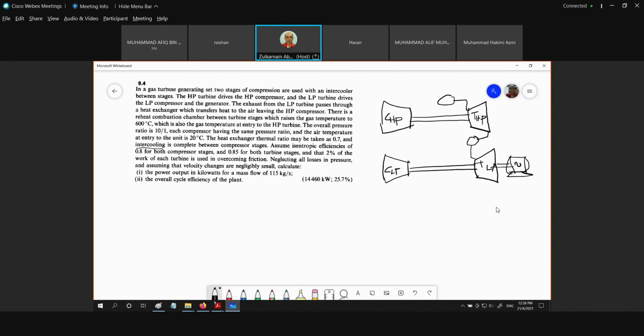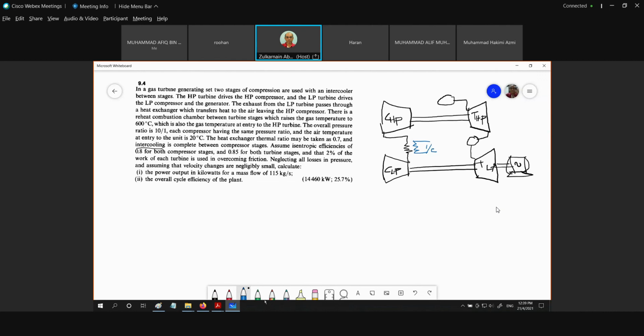Okay, it's complete, meaning that the entry temperature for each compressor is the same. So we need to put a heat exchanger right here, and enter the second compressor. So this is our heat exchanger for intercooling. This is the purpose of intercooling.